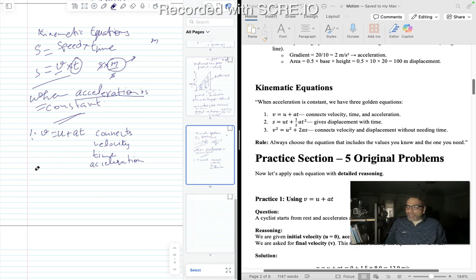It accelerates from steady, which means zero, so the initial velocity will always be zero. So the final velocity v is equal to 2 meter per second square times 10, so that will be 20 meter per second.